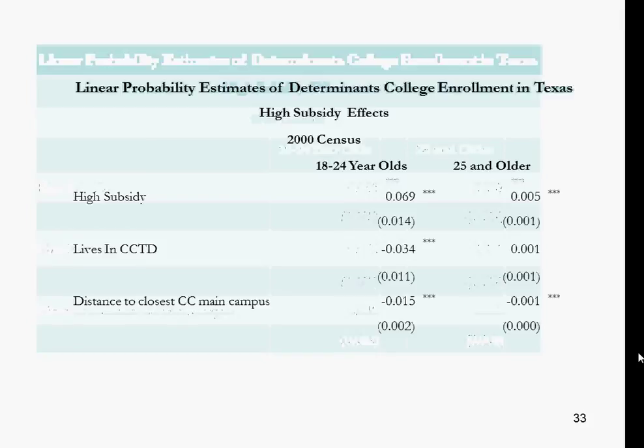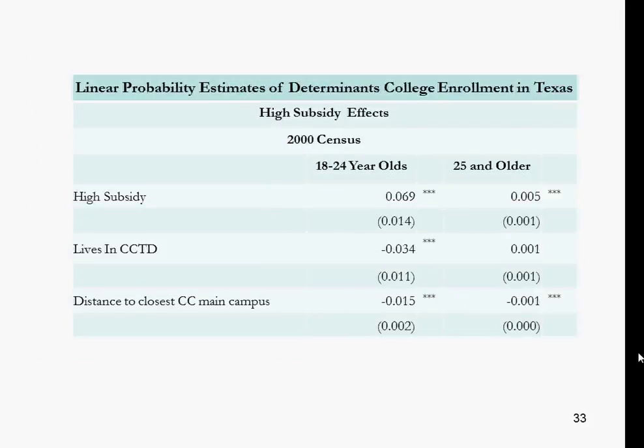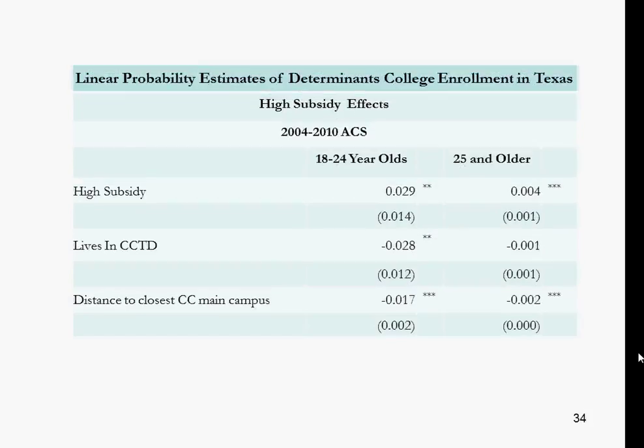Here is the 2000 census. It's about a 6.9% difference if you live in a high subsidy district versus low in terms of going to school, and about a 0.5 percentage point difference for older individuals, and then roughly 3% in the ACS data, and again, roughly 0.5% in the 25 and older.